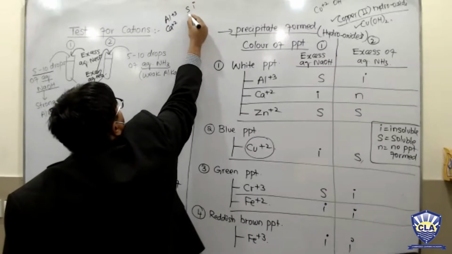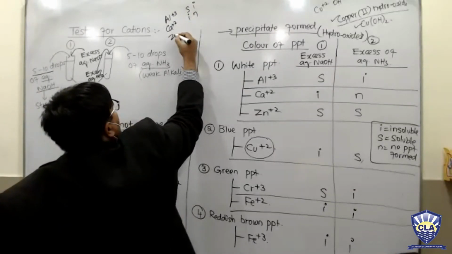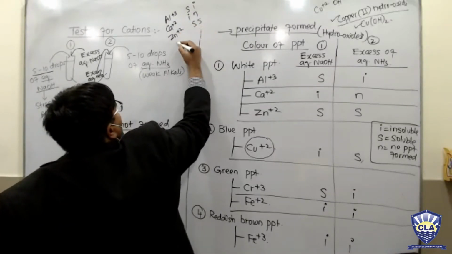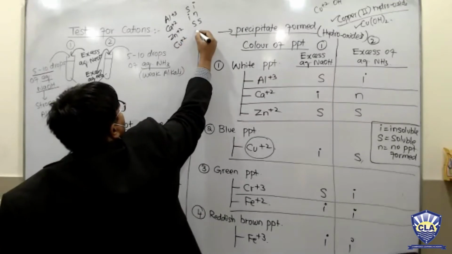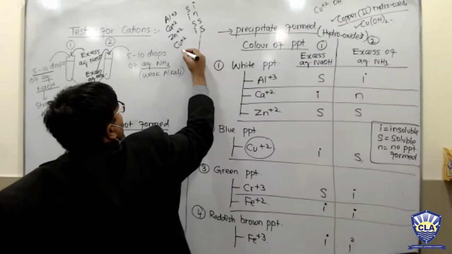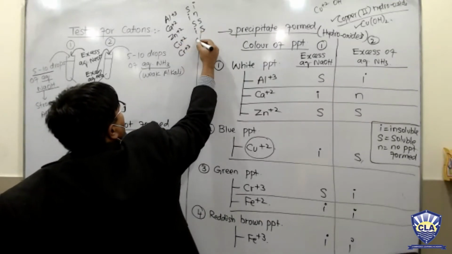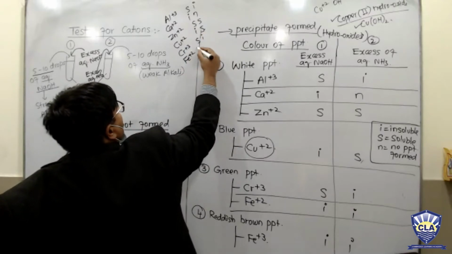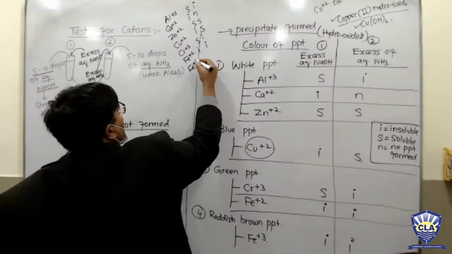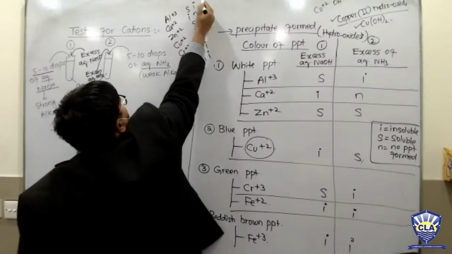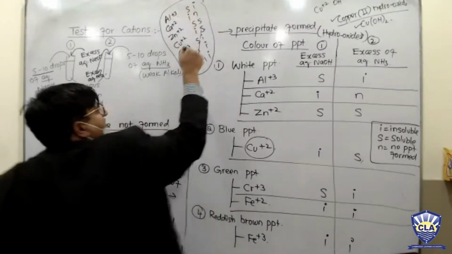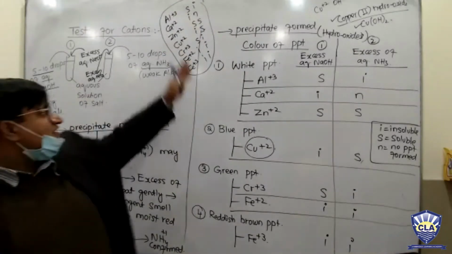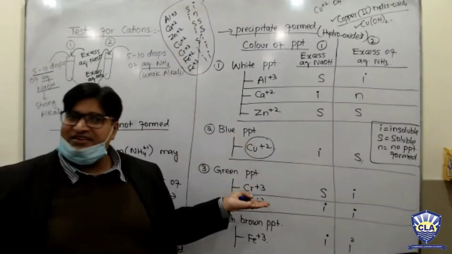Calcium plus 2, In. Zinc plus 2, that is Sus. Then Cu plus 2, that is. Then Cr plus 3, that is Psi. Then iron plus 2, that is I. And iron plus 3, that is I. Just learn this, and it will become easy for you.